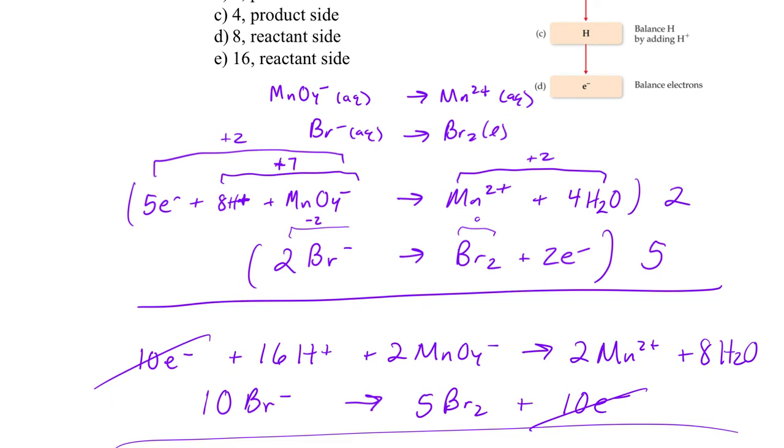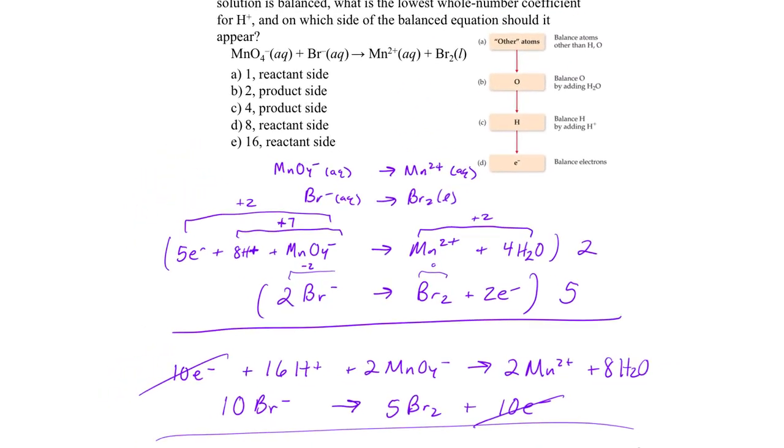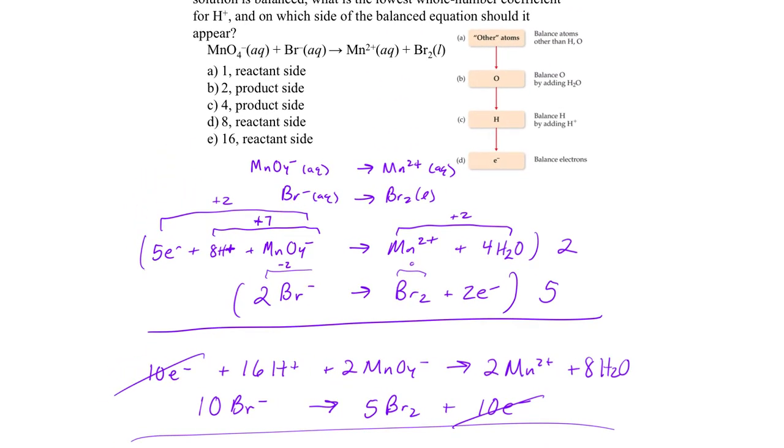So when we write the overall equation, we're going to have 10 Br- plus 16H+ plus 2 MnO4- yields 2 Mn2+ plus 5 Br2 plus 8 H2O. So that is our balanced reaction, and now we can answer the multiple choice question.